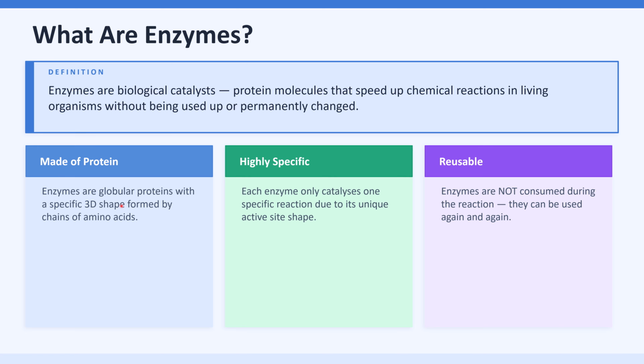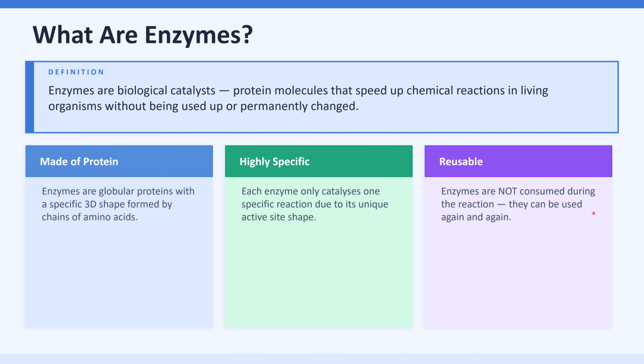The three key features. First is made of protein. Enzymes are globular proteins with a specific 3D shape formed by chains of amino acids. Second, highly specific. Each enzyme only catalyzes one specific reaction due to its unique active site shape. Third is reusable.